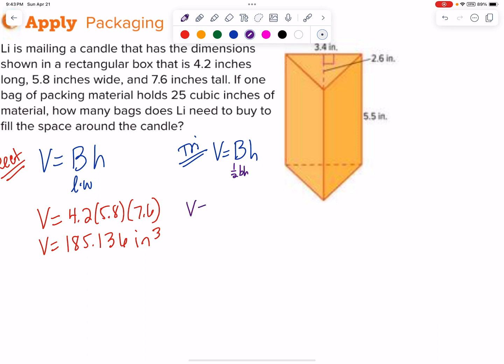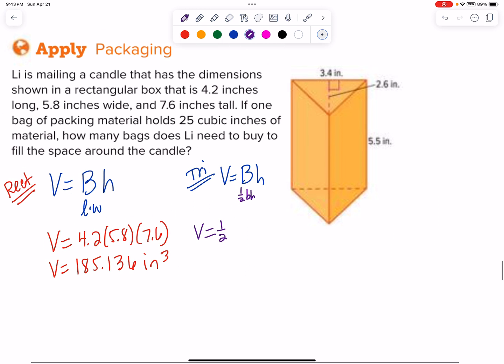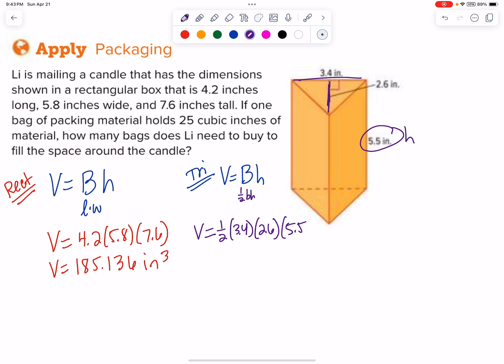So we have volume equals 1/2. Our base is 3.4. The height of our triangle is 2.6. And then the length of the entire prism, which we call H, is 5.5.